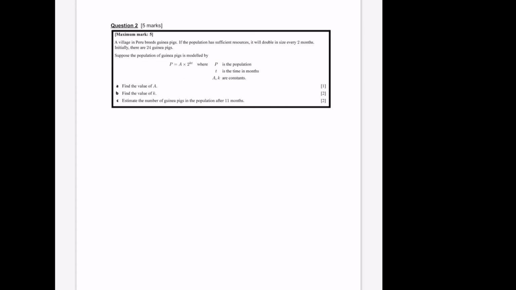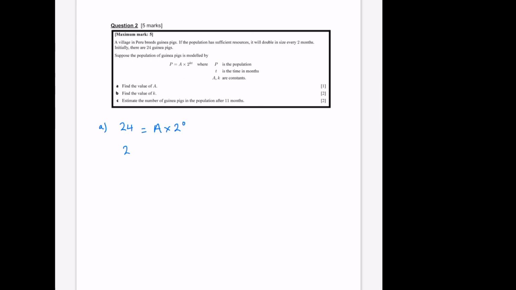Now we are told that the population should double every 2 months and that initially there are 24 guinea pigs. So initially means when time is 0. So that means that there are 24 for the population. And that's the p, which is equal to a times 2 to the power of 0, because it's when time is 0, the initially.